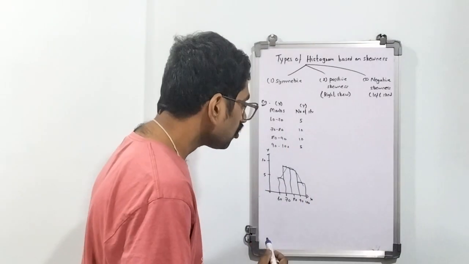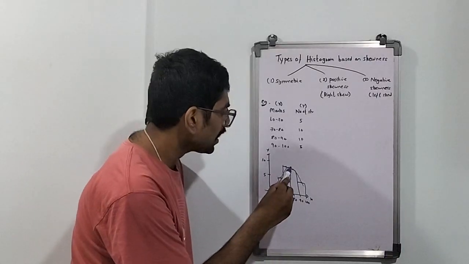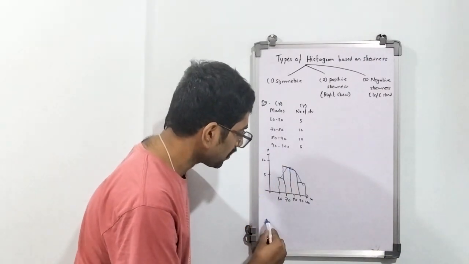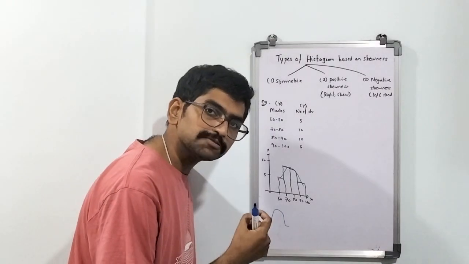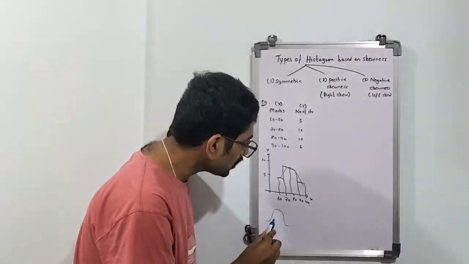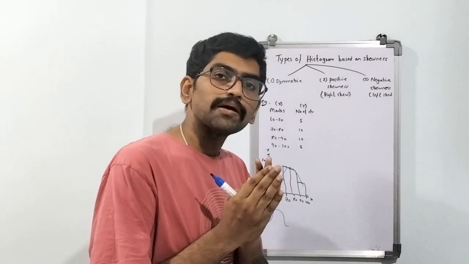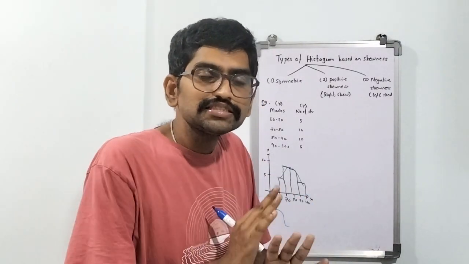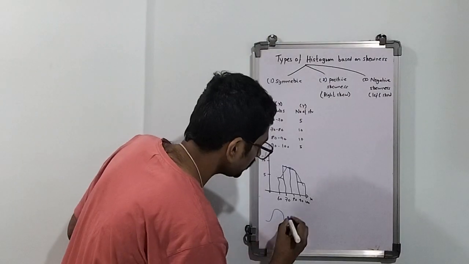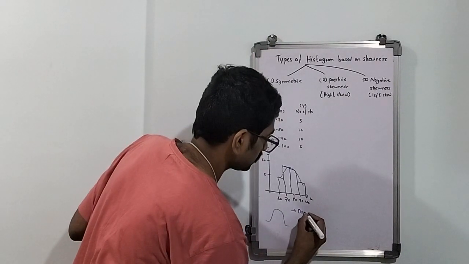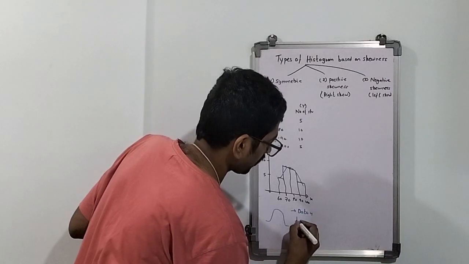Now observe, you got the line in this format. What is the meaning of this? It means your data is in a properly distributed form. It means this data does not have any outlier. Here the data is properly distributed.